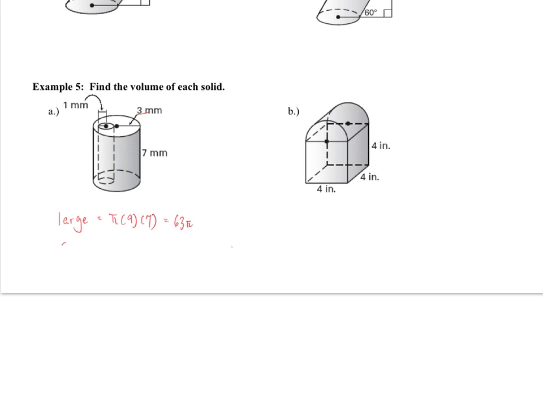For the smaller cylinder we're given a radius of 1, 1 times 1 is still 1, and the height is 7. So that's 7 pi. Large minus small gives you 63 pi minus 7 pi, which is 56 pi. If you round this, it's about 175.93 cubic millimeters.